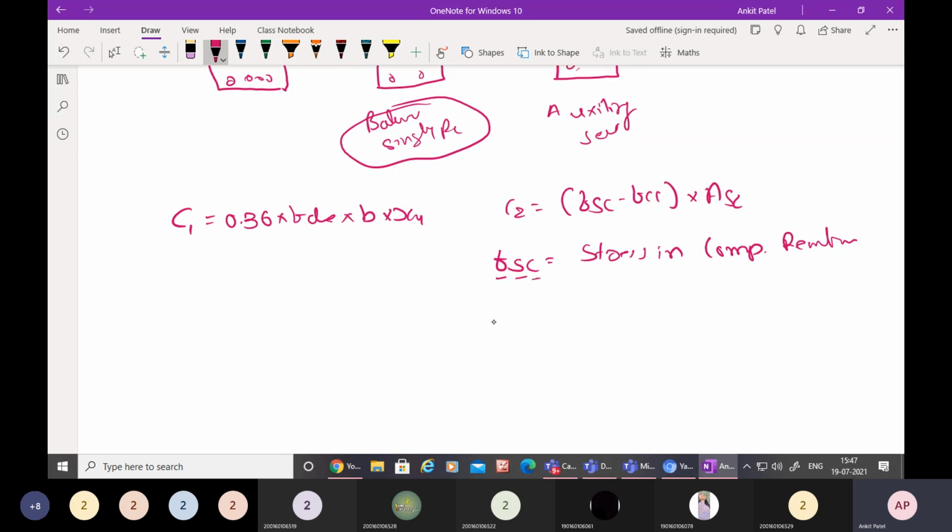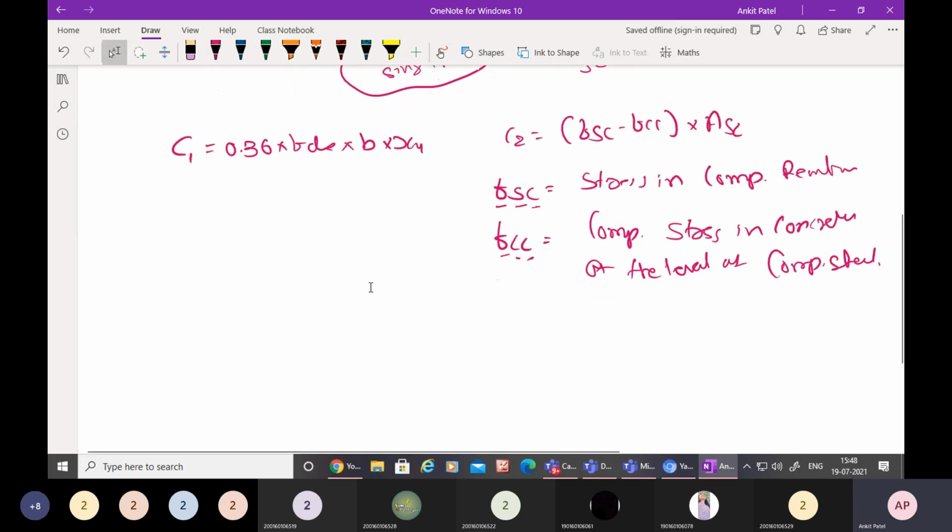Like this you can remember it. In the same way fcc: what is fcc? It is the compressive stress in concrete, where compression is located, so in concrete at the level of compression steel.